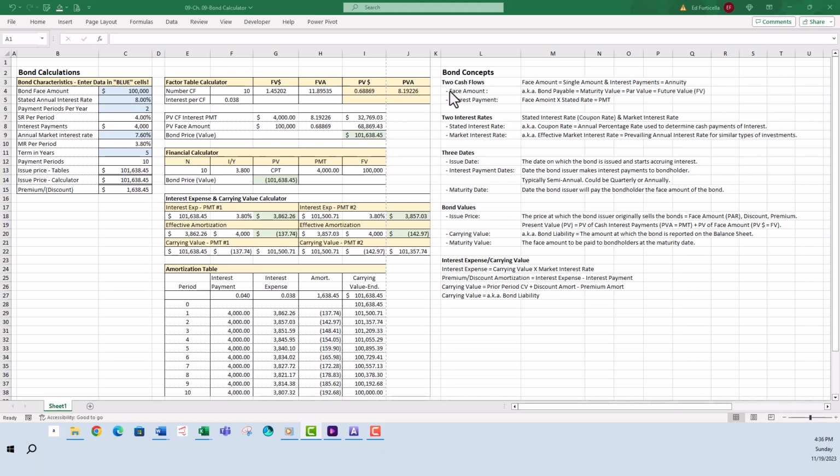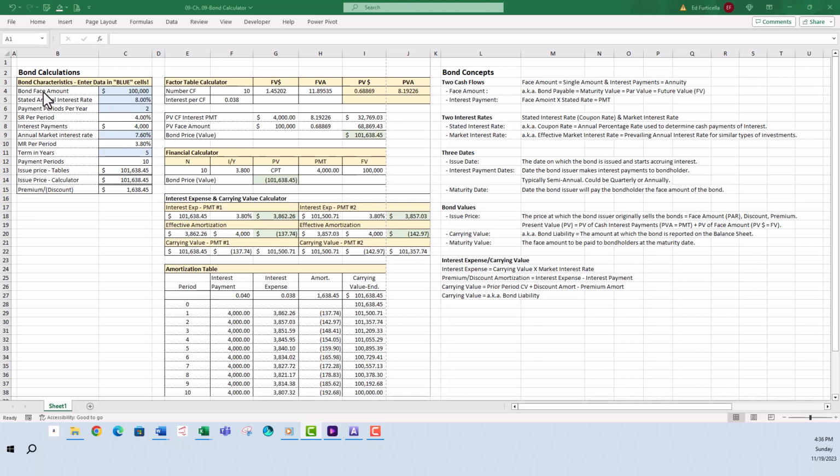In the table labeled Bond Characteristics, I show the bond's face amount, annual stated interest rate, payment periods per year, term to maturity, and the current market rate of interest for similar types of investments.